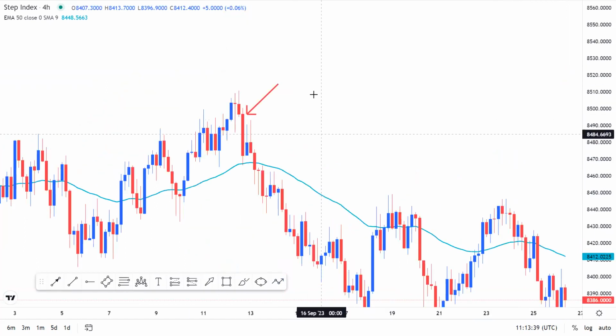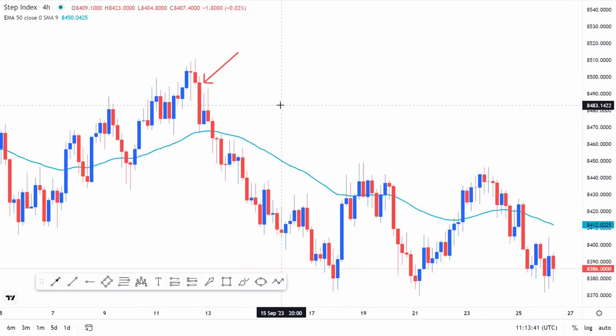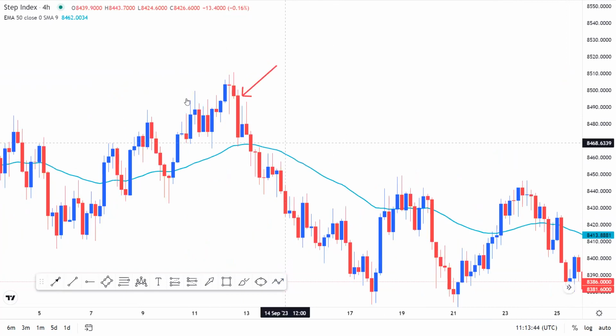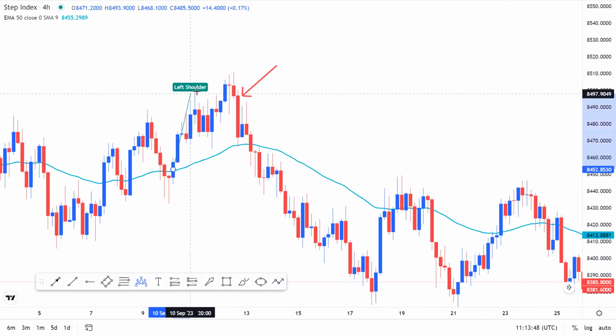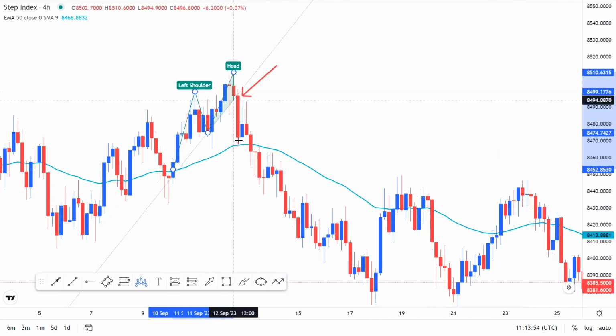So very quickly, the first head and shoulder pattern right here would be this here, where we have the left shoulder, head, and then the right shoulder.